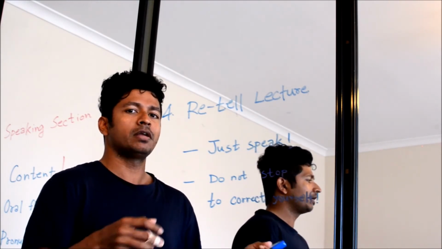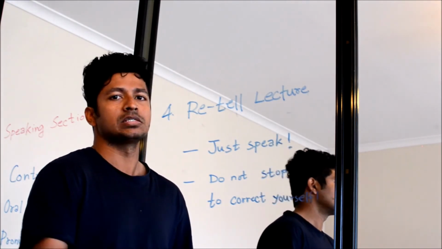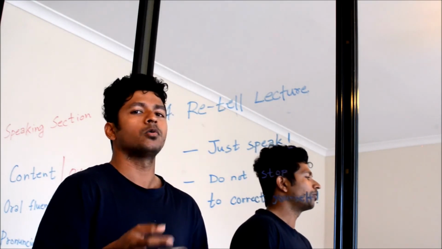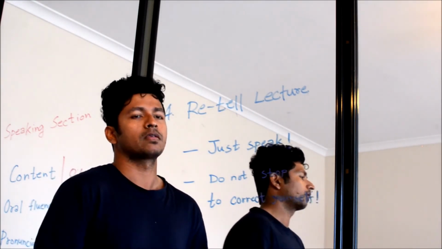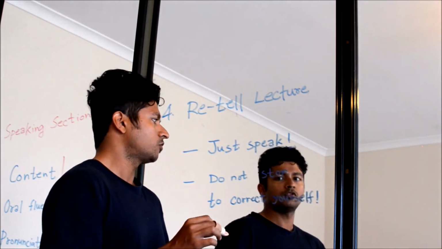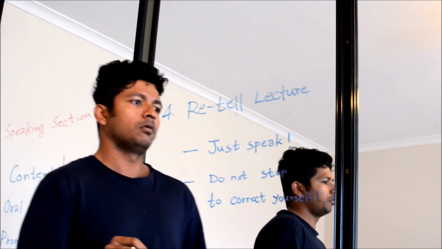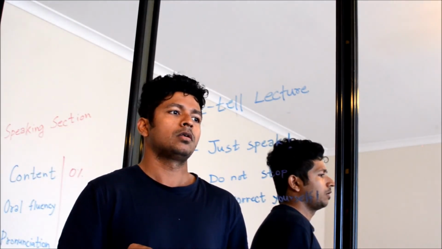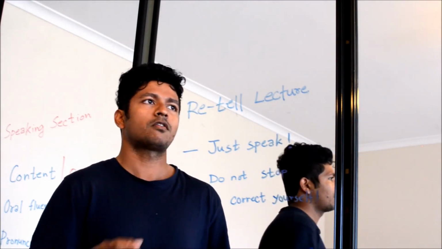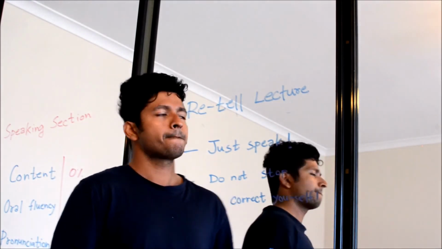Instead of being very correct, you can say that the speaker spoke something about allergies, or the speaker was talking about how to manage these, blah blah blah, lots of things. But the main thing is you can't stop. You have to be very fluent and very clear about your pronunciation. If you're not very sure, then do not try to say something he didn't say. Try to be as accurate as possible, but don't bother about that much.